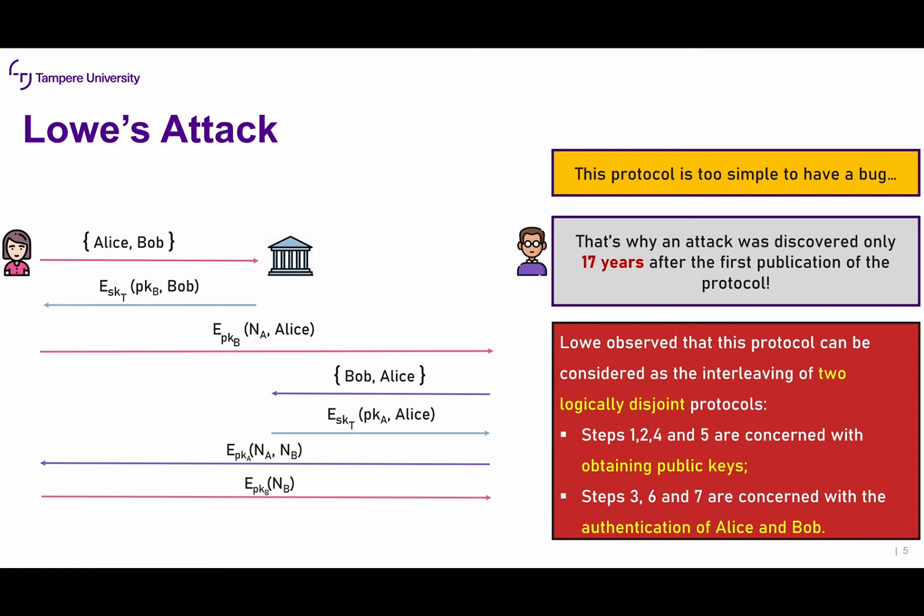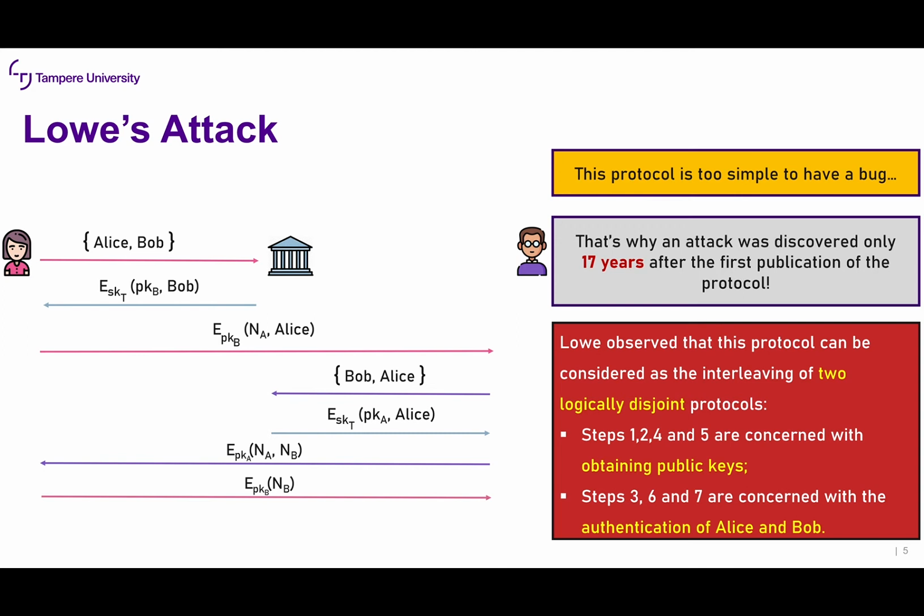He realized that this protocol is just the logically disjoint union of two protocols, right? So steps 1, 2, and 4 and 5 are concerned with obtaining public keys, while steps 3, 6, and 7 are concerned with the authentication of Alice and Bob, right?